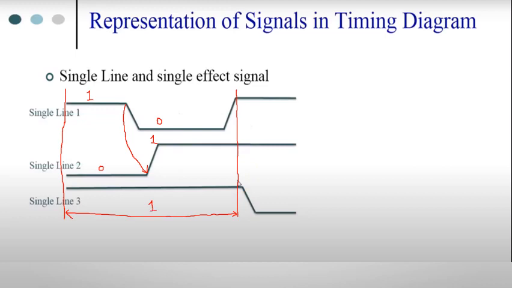Once it completes a clock cycle or T state, line 3 changes from 1 to 0 state. So a complete effect on line 1, that is, after one clock state, line 3 is going to change from 1 to 0. This is called a single line single effect signal.